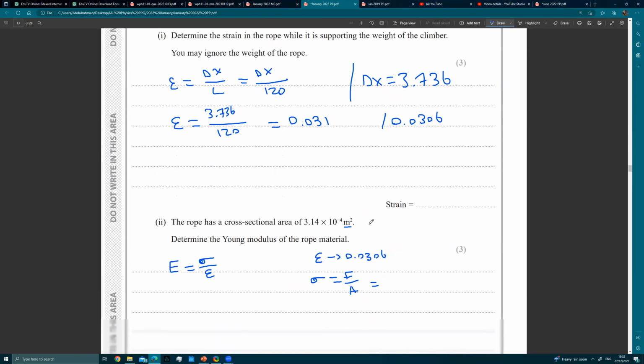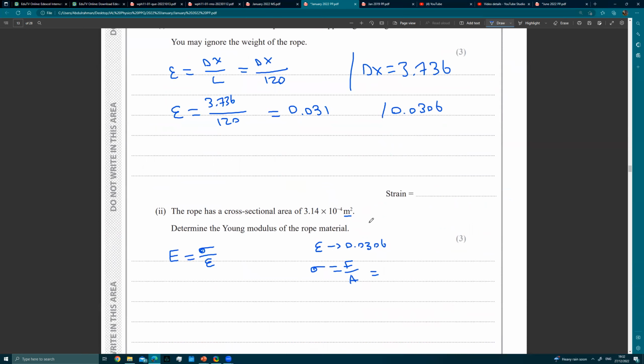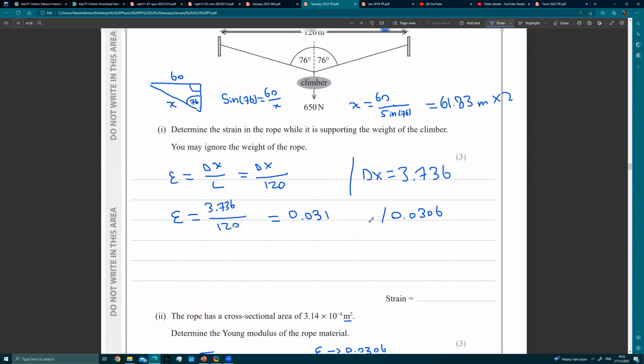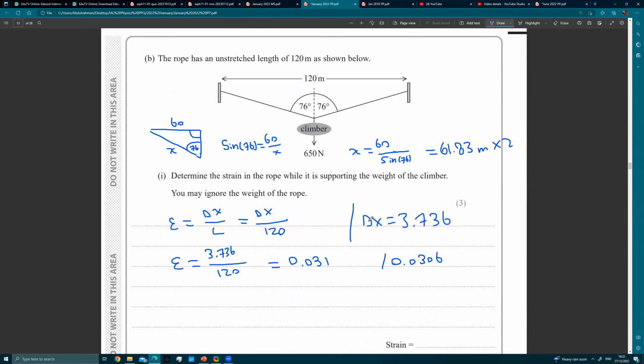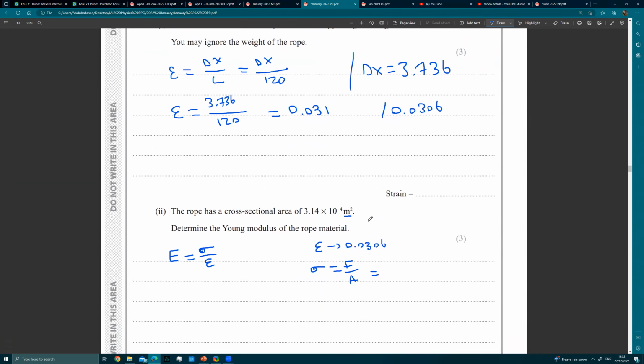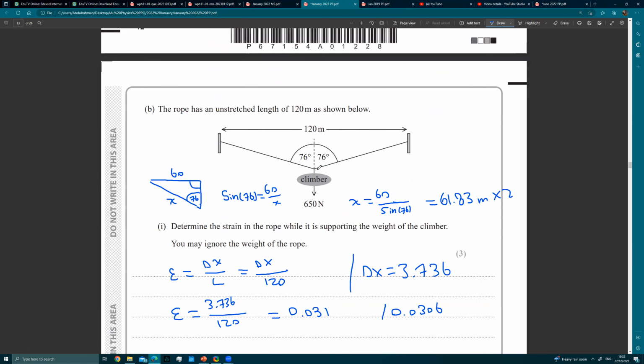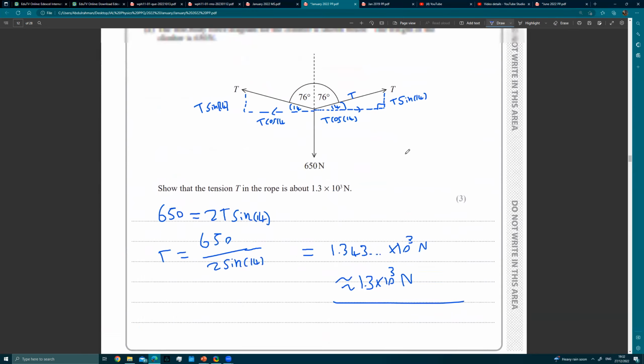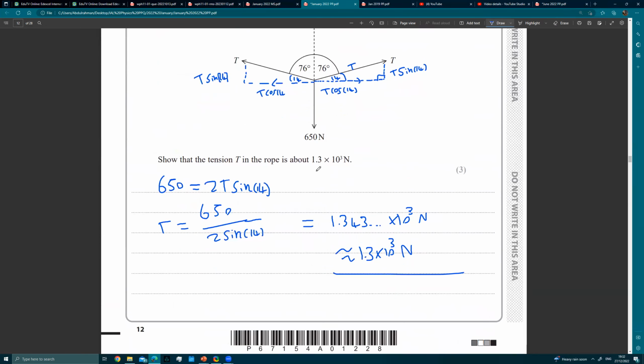Wait, what did you use as the force? 650 newtons. No. The force in stress over strain is the tension on the entire string, rather than the force in one particular part. So how do you get the F? That's what we did in part A. So we'd use 1.3 times 10 to the power of 3.